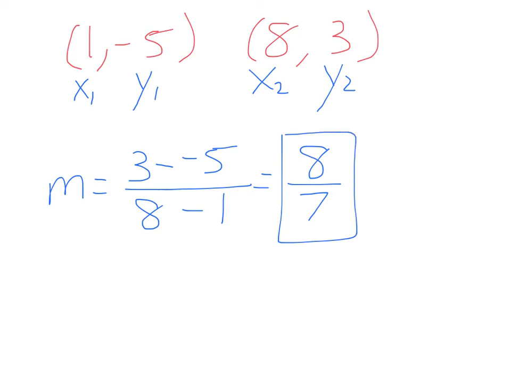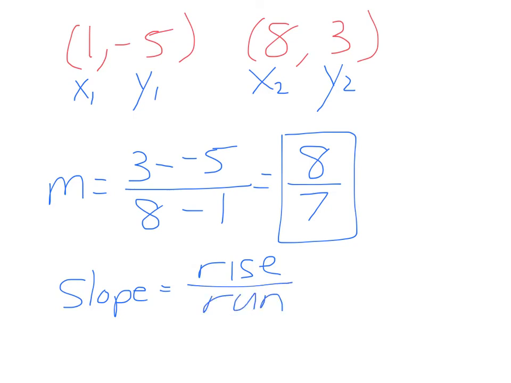Now, here's the most important thing, and this is why we've always told you this year, leave it improper, because slope must be left improper. Another way to think of slope is that slope is the rise over the run.